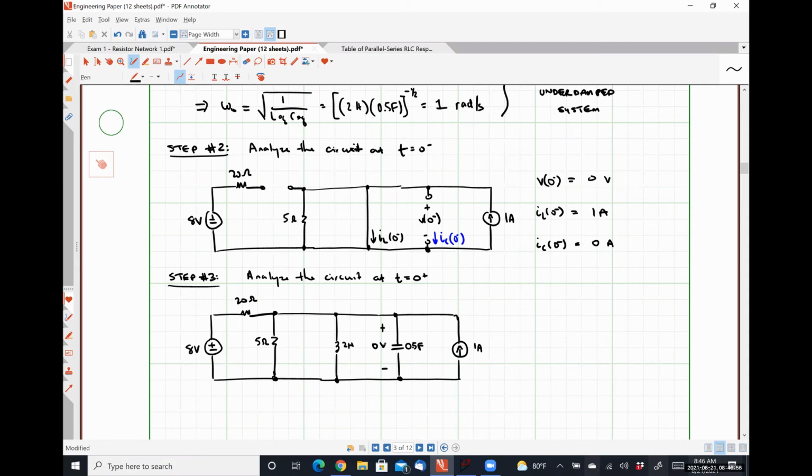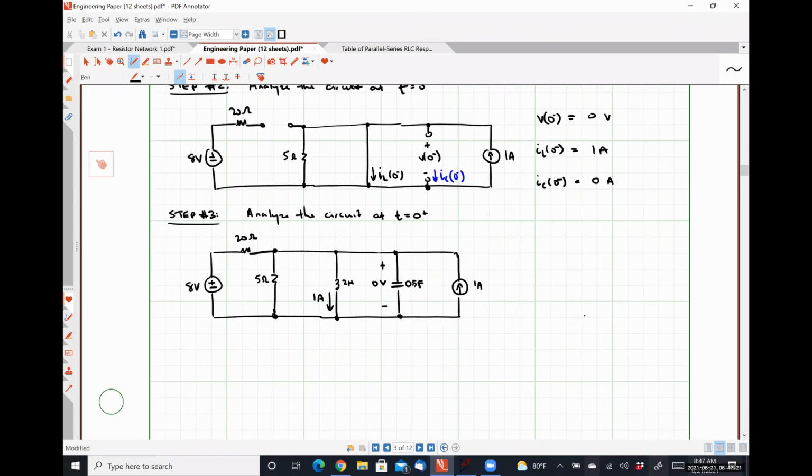We know that has to be true. If it was 0 volts at t is equal to 0 minus, it has to continue being 0 volts at t is equal to 0 plus. Similarly, the current flowing through an inductor cannot change abruptly. So if it was 1 amp flowing down at t is equal to 0 minus, it must continue to be 1 amp flowing down at t is equal to 0 plus.